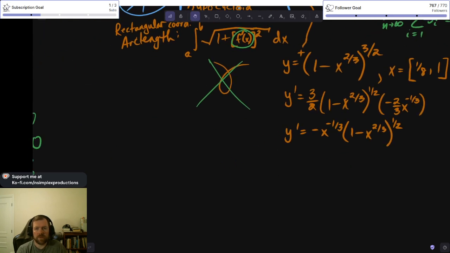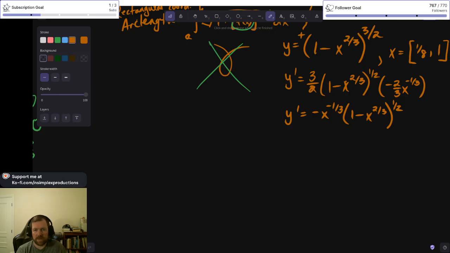Okay, so for this, what's going to happen is we've got the integral going from 1/8 to 1 of the square root of 1 plus parentheses, this stuff squared.